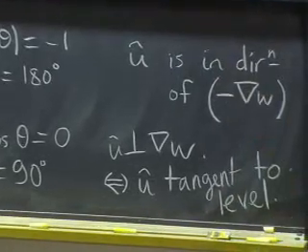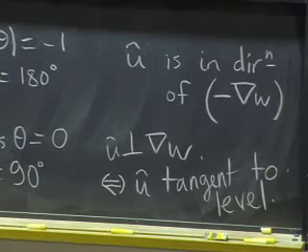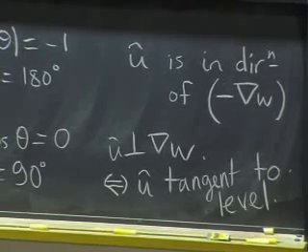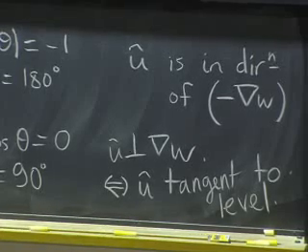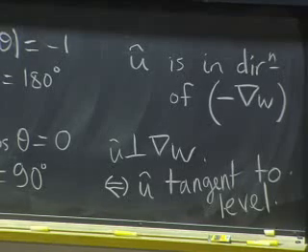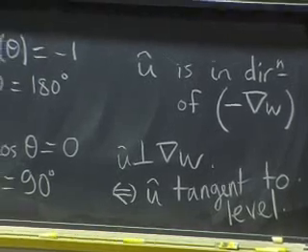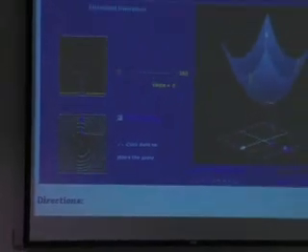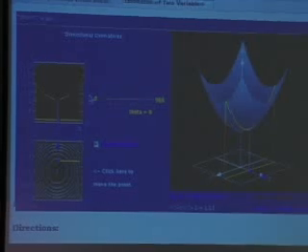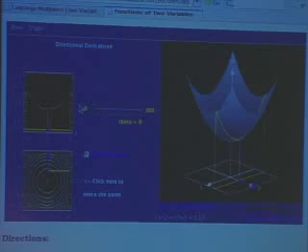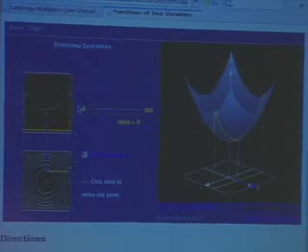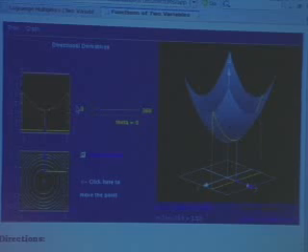So let me just show that on the picture here. So if I actually show you the gradient, you can't really see it here. I need to move a bit. Okay, so the gradient here is pointing straight up at the point that I've chosen. Now, if I choose a slice in a direction that's perpendicular to the gradient, so that's actually tangent to the level curve, then you see that my slice is flat. I don't actually have any slope.